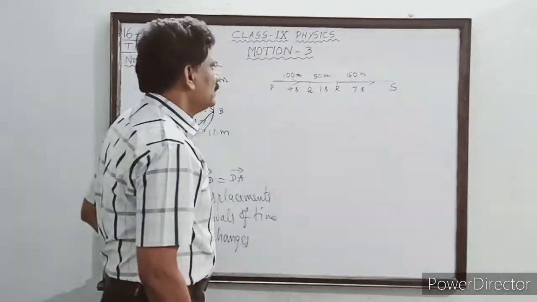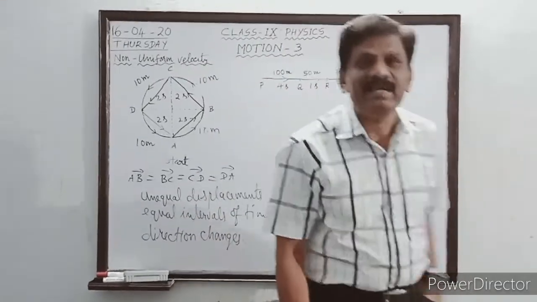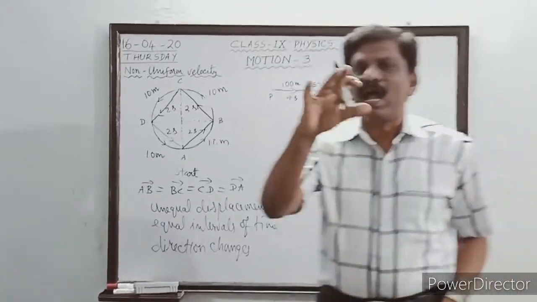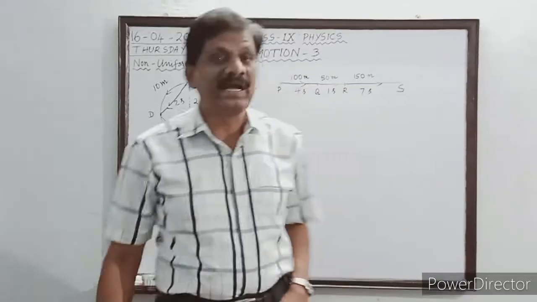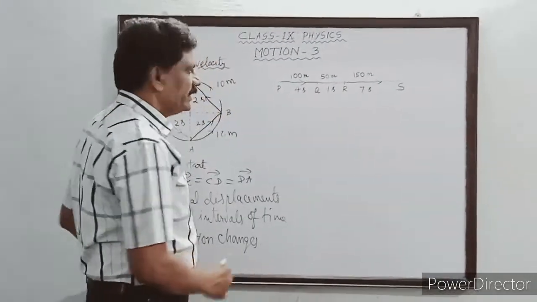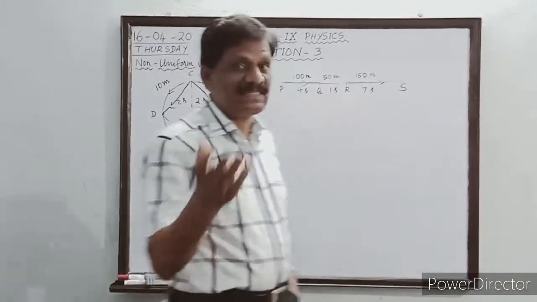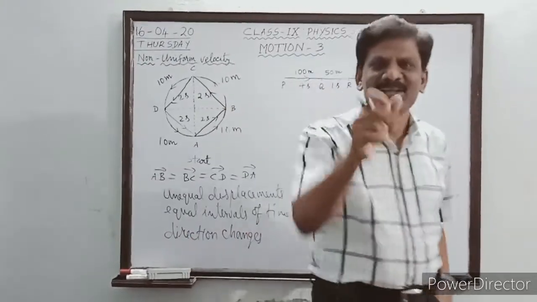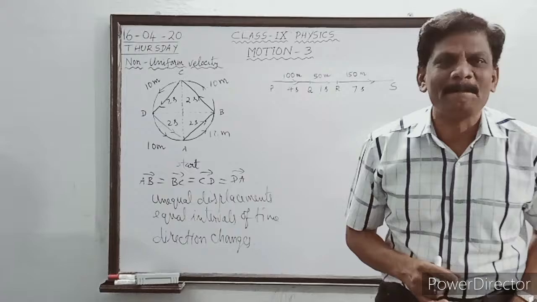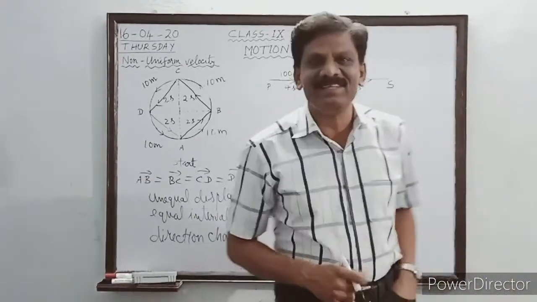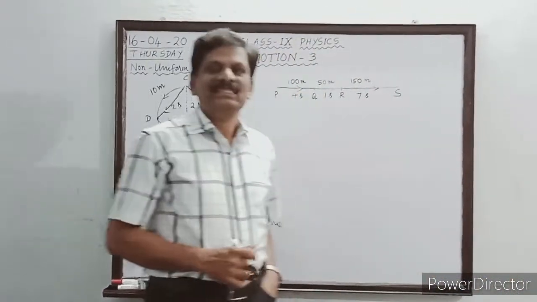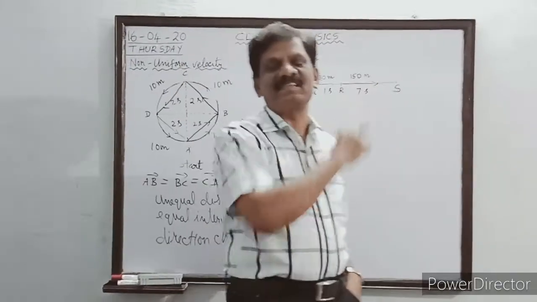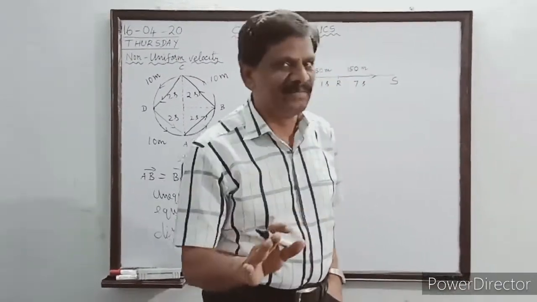Okay. Now, I am going to find out the average velocity of the body. It is similar to the average speed we studied yesterday, is it not? Can you tell me what average speed is first of all? How will you find the average speed of a body? Yes. We have to divide the total distance traveled by the total time taken.